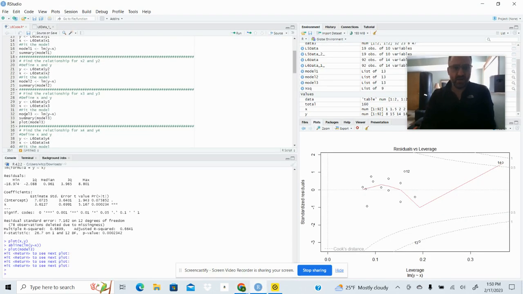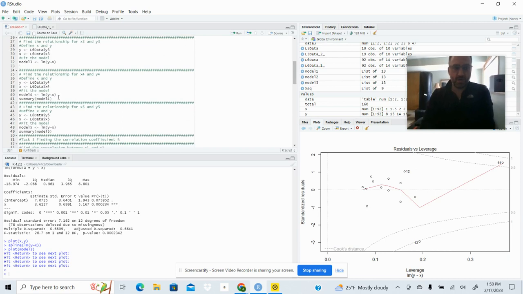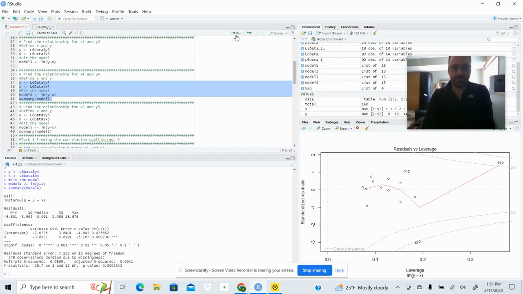So again, you can just run all three of these, and let me take out those things. So for the y4 and x4, we can just run all those lines of code. And then if you notice here, our line of best fit would be y equals negative 7.07 minus 3.61x.